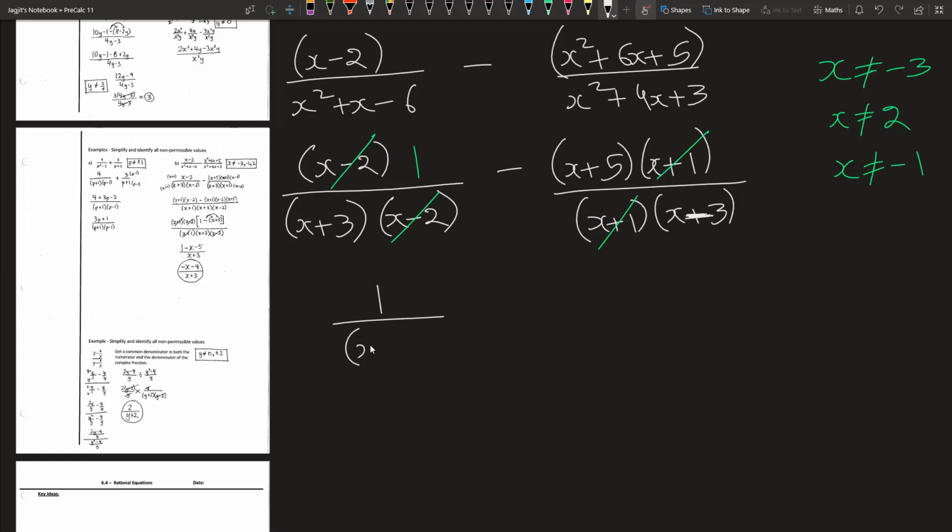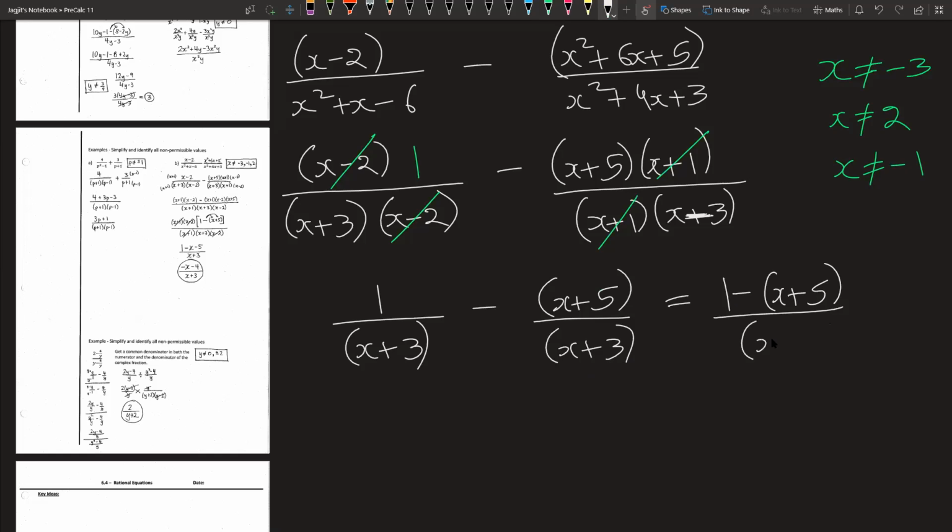You're left with 1 over x plus 3 minus x plus 5 divided by x plus 3. Aha, look at this. We have a common denominator now. So you can say this is just going to be 1 minus x plus 5 divided by x plus 3. Okay, let's FOIL that.